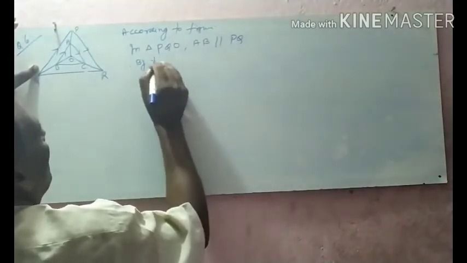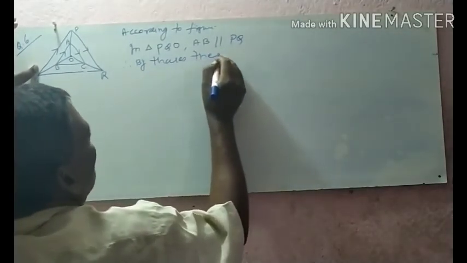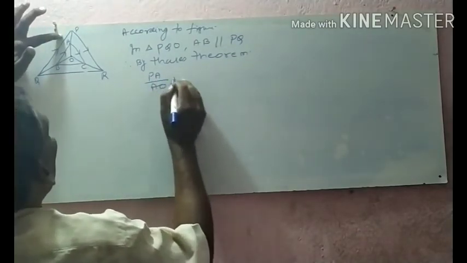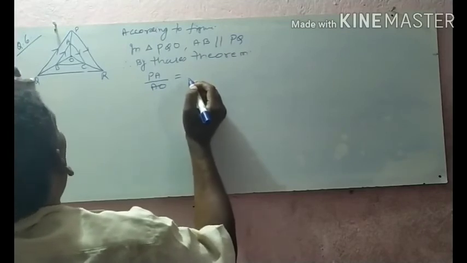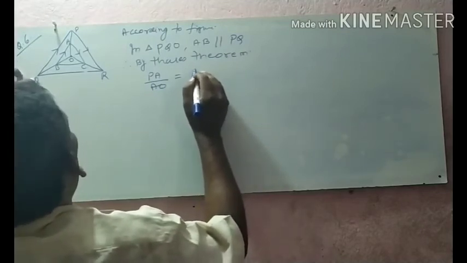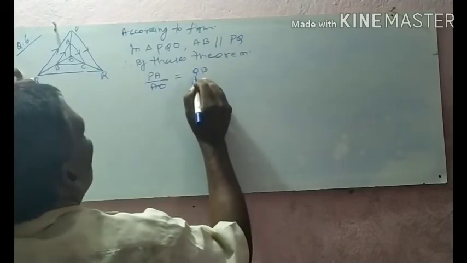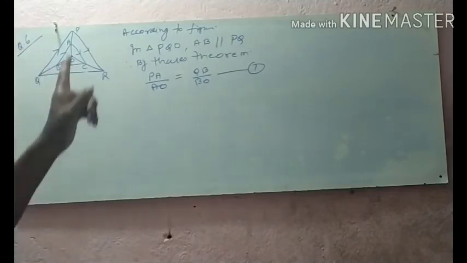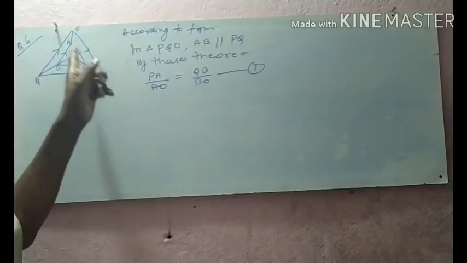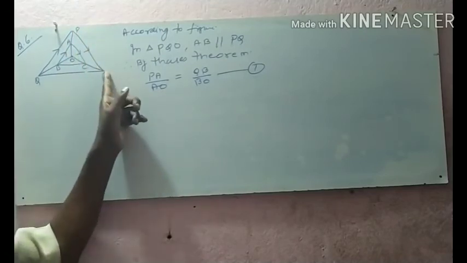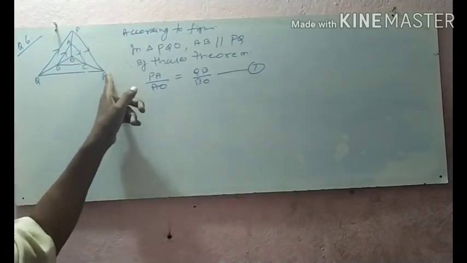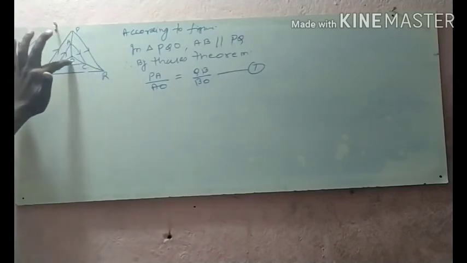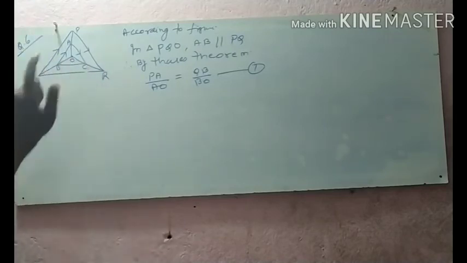Therefore, by Thales theorem, PA by AO is equal to QB by BO, equation first. Similarly, in triangle POR, AC is parallel to PR. Therefore, by using Thales theorem, we can write PA by AO equal to RC by CO.